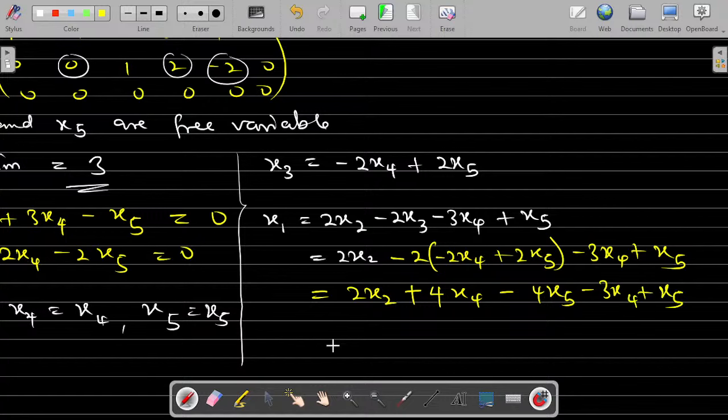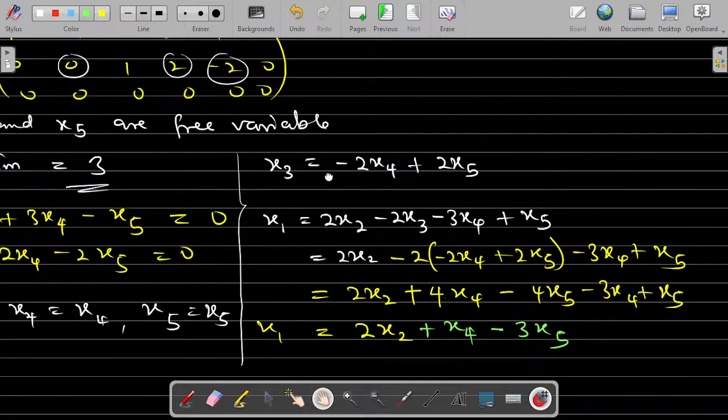If we collect like terms, x1 is equal to 2x2, then this minus this will give us x4 only, and this plus this will give us minus 3x5. All right, so we have gotten all of the values.